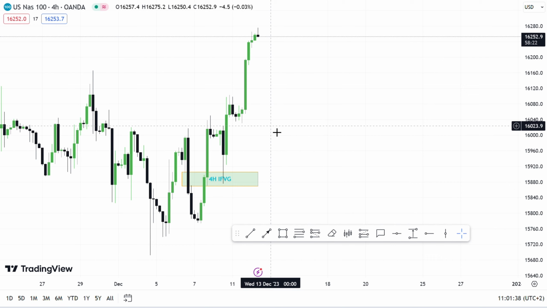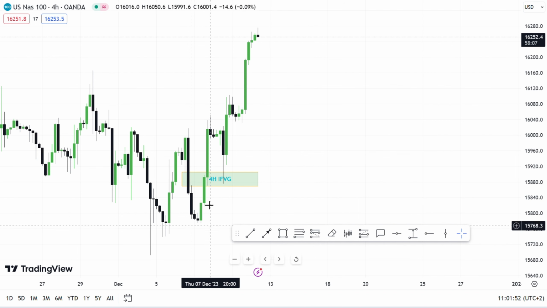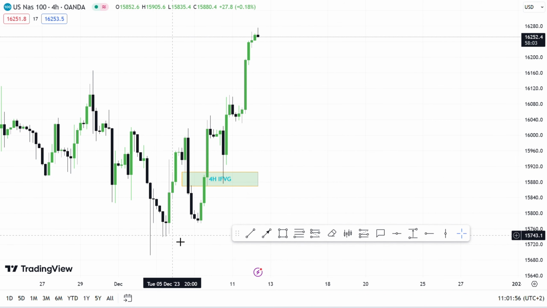So, just a quick recap. I've introduced fair value gaps to you, and I've shown you a glimpse of what happens if it does not go your way and it's violated. The only reason why it was violated here is because it did not break the low, so it did not have a market maker structure shift to confirm it. That's something I'm going to introduce in another episode.